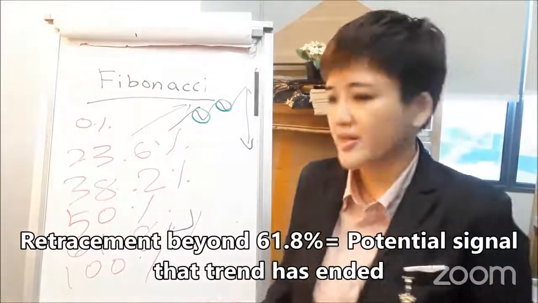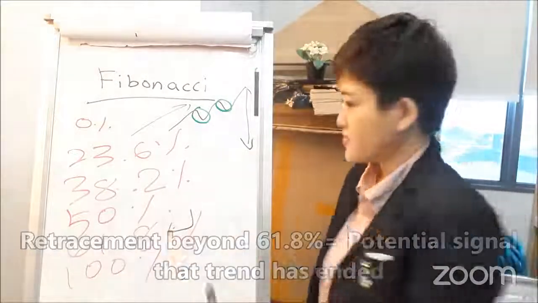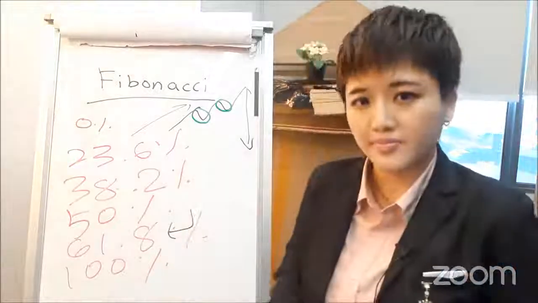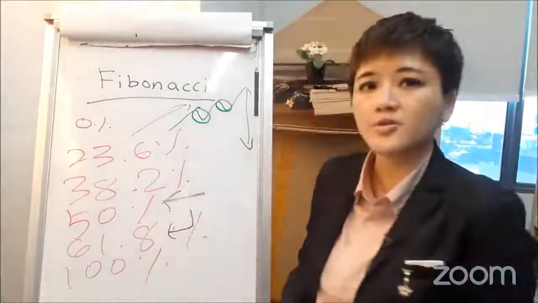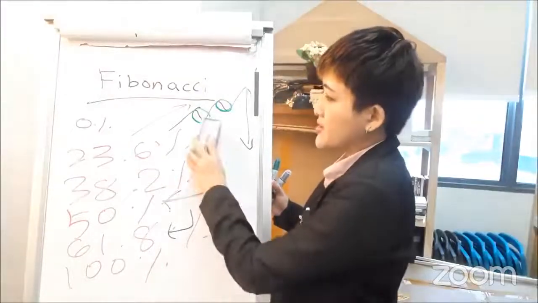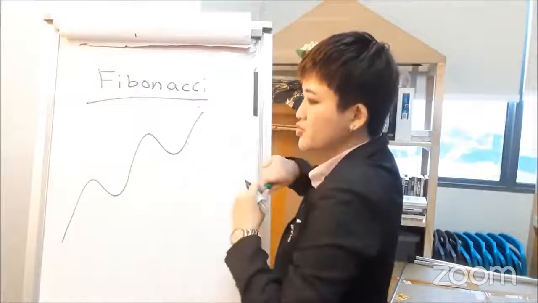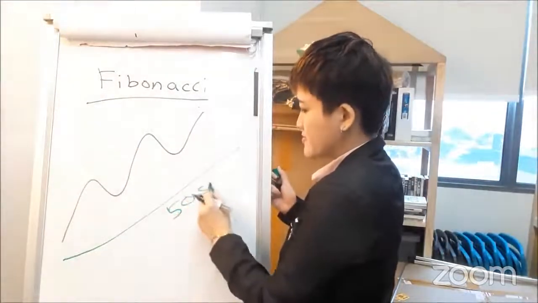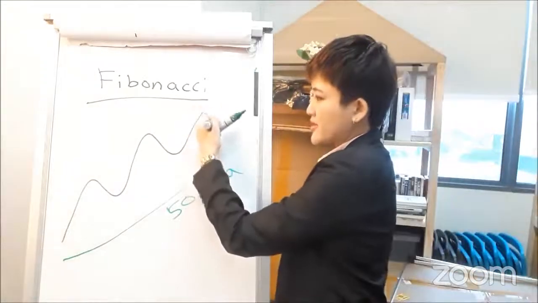So very often you'll see price testing 61.8 and then bouncing back up, testing 50%, bouncing back up. These are the two good levels to go in. The good thing about trading on a retracement is that when the price goes too far away from, let's say, your 50 SMA, the chances of it going down is going to increase.